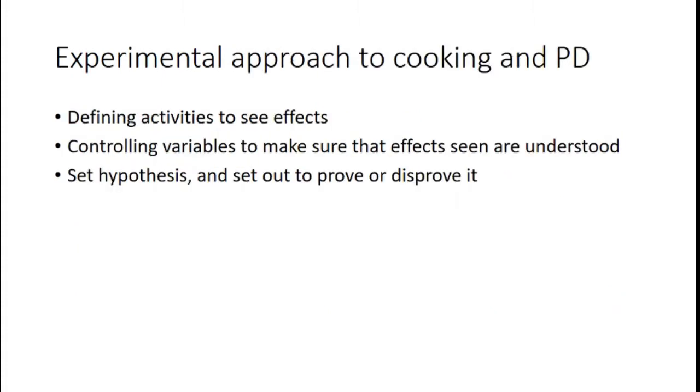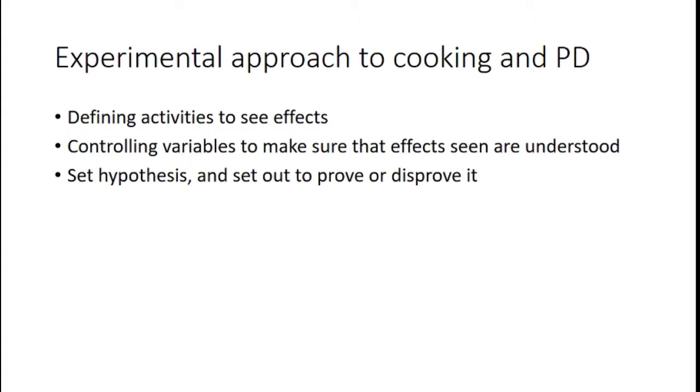So why do we care? Again, as I mentioned before, we need to define the activities that we're doing for food product development and in experimental research with food science, so that we know when we are seeing an effect and we can define causality for that effect. We know that doing a certain step caused the impact and the outcome that we're seeing.